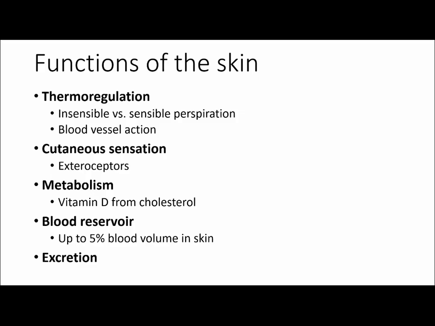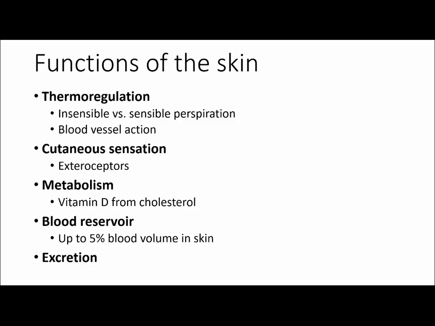Then another function is actually metabolism. The biggest metabolic product that comes from the skin is the skin sensing the sun and converting cholesterol to the precursor for vitamin D. That precursor for vitamin D is going to make its way to your kidney, where it is converted to the active form of vitamin D. And without that active form of vitamin D, we cannot absorb calcium.